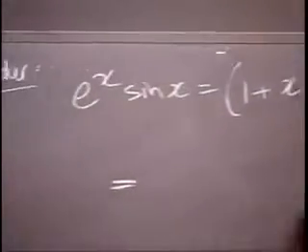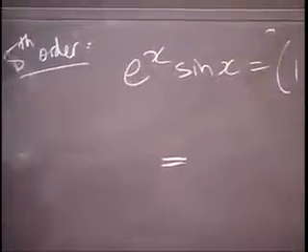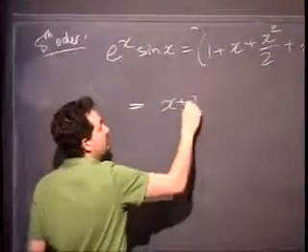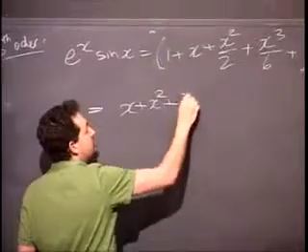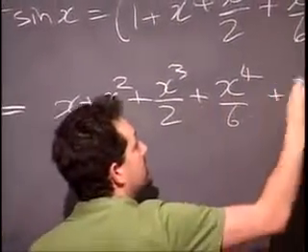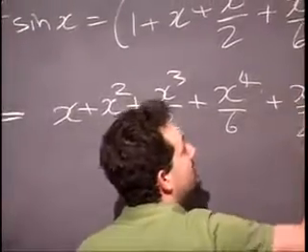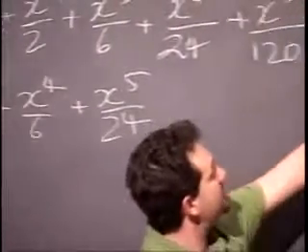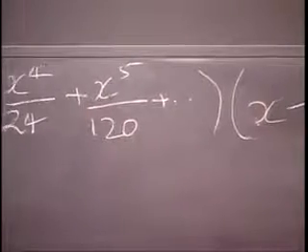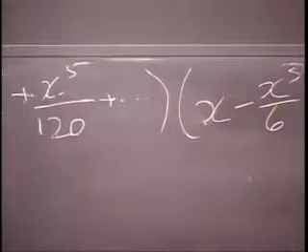again, I'm going to do the x term first, only going up to terms of order 5. I get x plus x squared plus x cubed over 2 plus x to the 4th over 6 plus x to the 5 over 24. And I do not bother multiplying the x by the x to the 5th, because already that is a degree 6, and 6 is higher than my focus of 5.